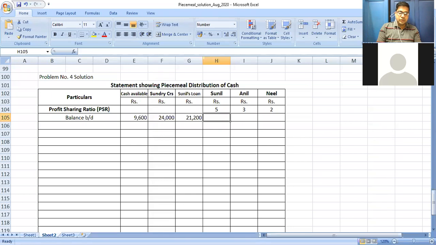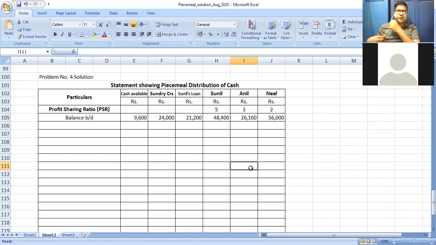So here Sunil's value 48,400. Then after that, Anil's value, that is 26,160, and Neil's value 56,000. I hope you understood what is going on.